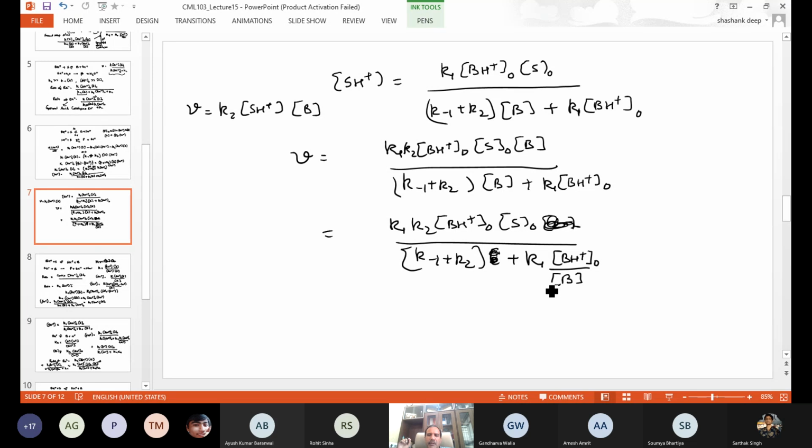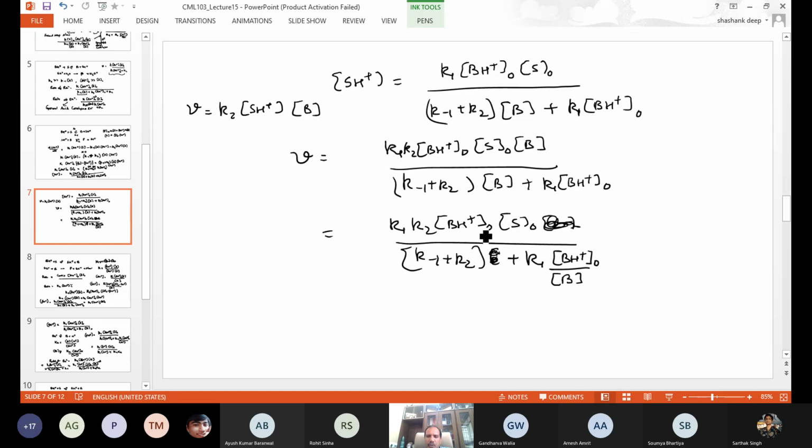Now tell me, in this case, what will happen if suppose the second step is slow? Suppose we neglect K2, am I right? We cannot neglect K1, am I right? So what will happen? This will depend on H plus, and this will depend on what? BH plus naught.